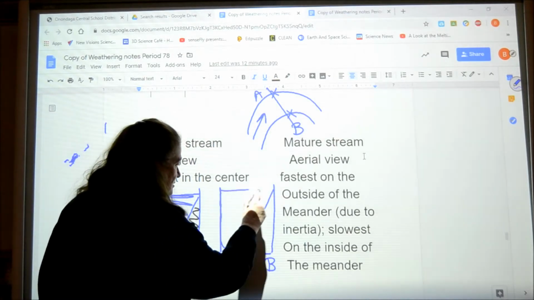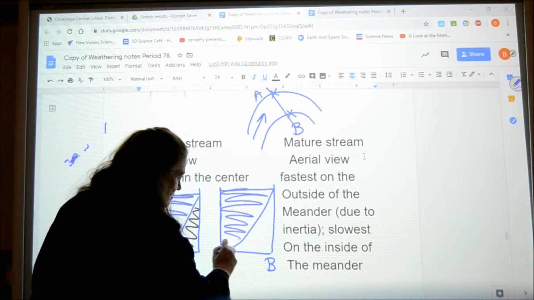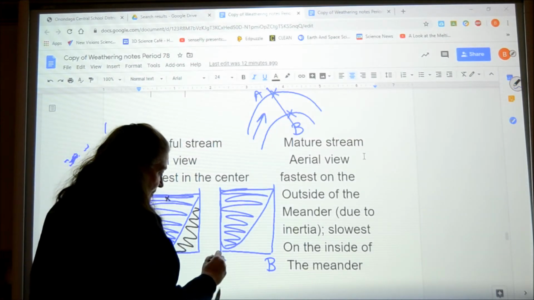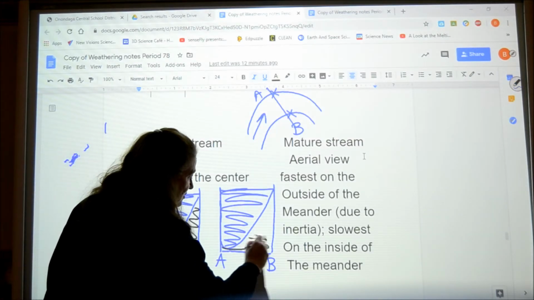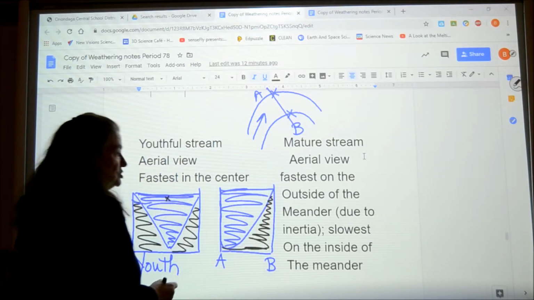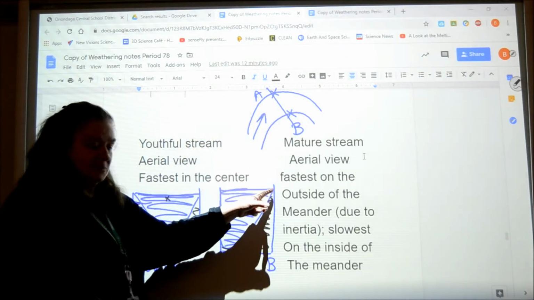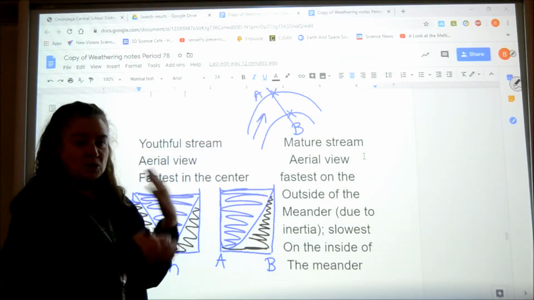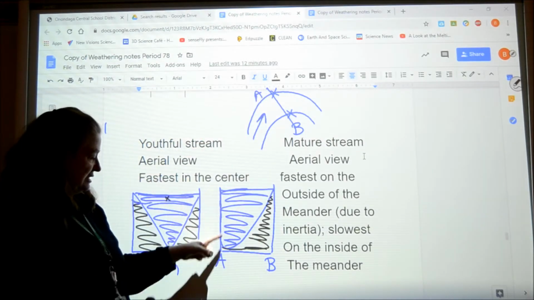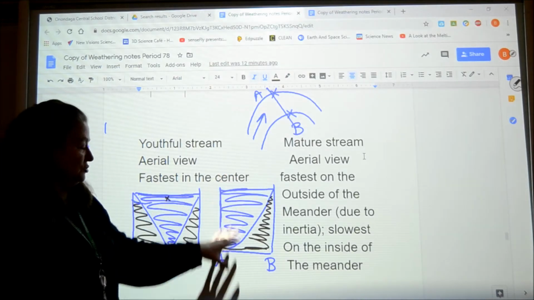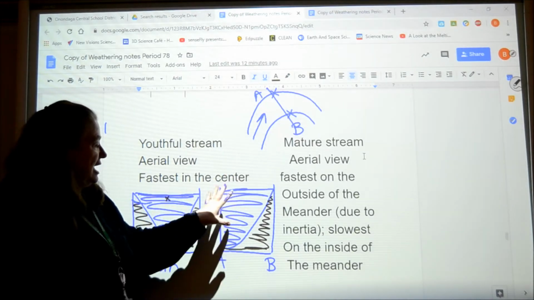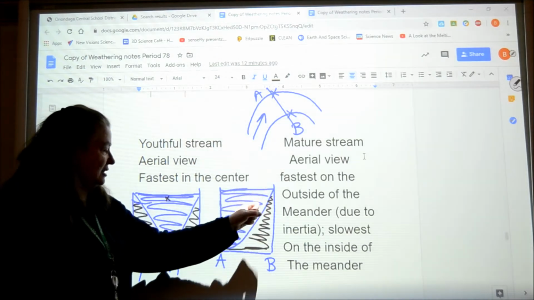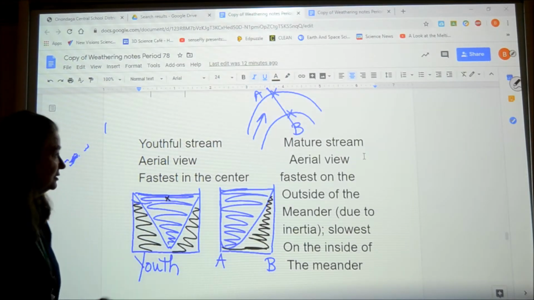So this would be my water again, and this would be my sediments. So my inside, I'm depositing, so the water is shallow. Outside, the water's moving faster, so it's eroding, so it's deeper. So this is my channel shape. Outside the meander, deeper, inside, shallow. That's mature.